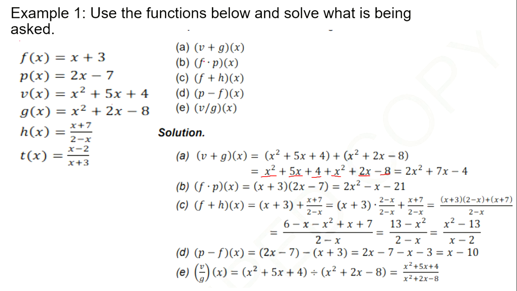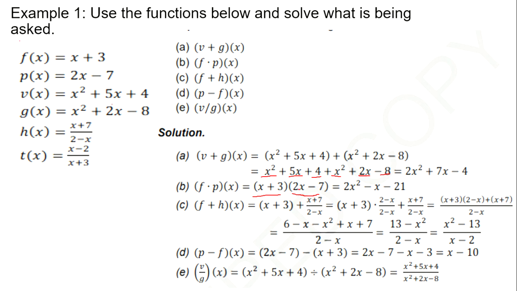For letter B, we have (f times p)(x). The value of f(x) is simply x plus 3, and p(x) is 2x minus 7. Using the FOIL method, x times 2x is 2x squared. 3 times 2x is 6x.